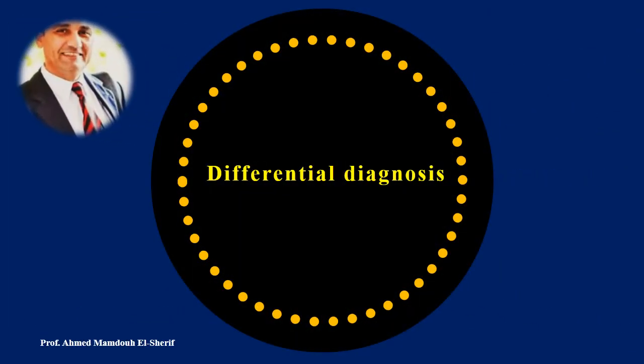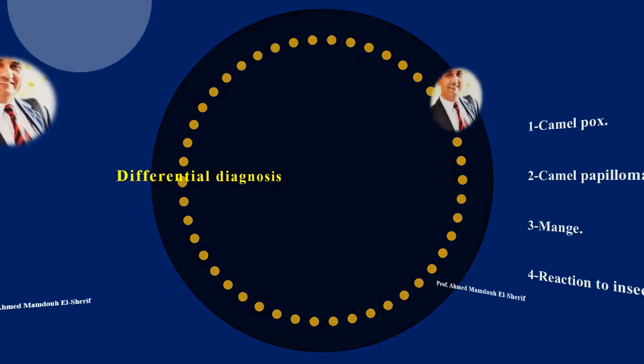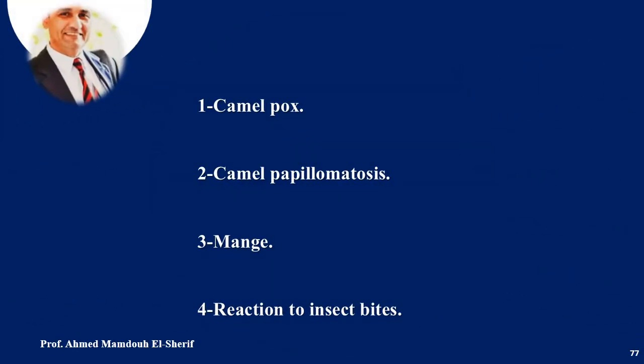Differential diagnosis of camel contagious ecthyma. The following 4 diseases have to be differentiated from camel contagious ecthyma. Number 1, camel pox. Number 2, camel papillomatosis. Number 3, mange. Number 4, reaction to insect bites.